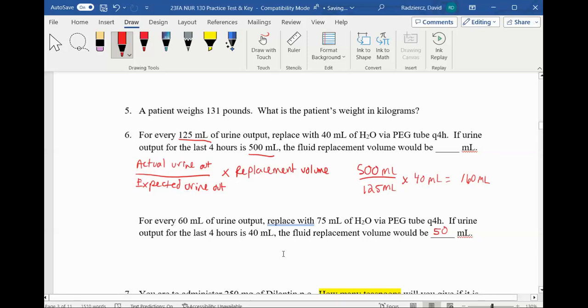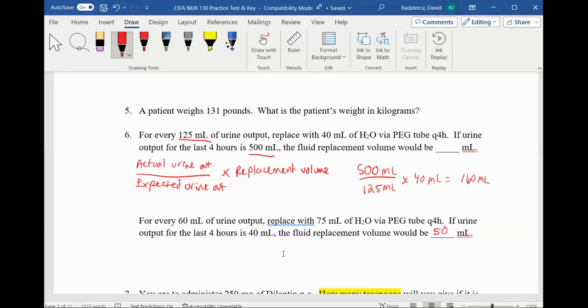I don't think you're going to see a scenario like that, but just so you know, you're doing it right, math wise. The other thing I will say is some students have gotten hung up on the 4 hours. The 4 hours is really just when you're checking how much was voided, probably in their catheter, and then you're adding more water via the PEG tubing.